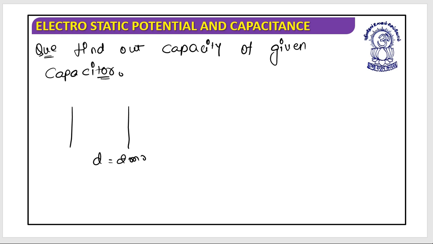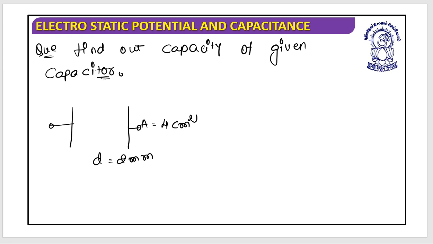This D is 2 mm, and the cross sectional area is 4 centimeter square. Yes, it has been filled with nothing. That means it must be having air in between these two plates.